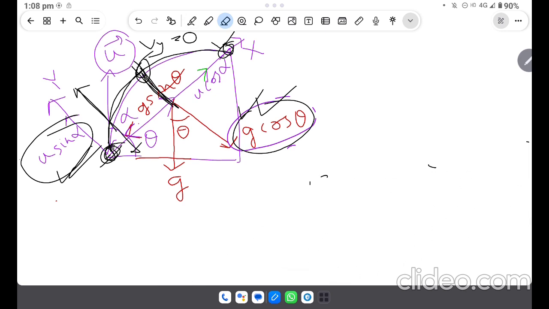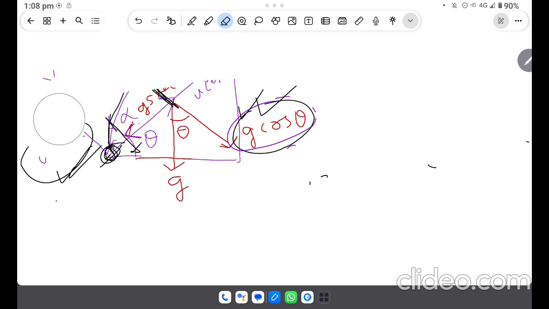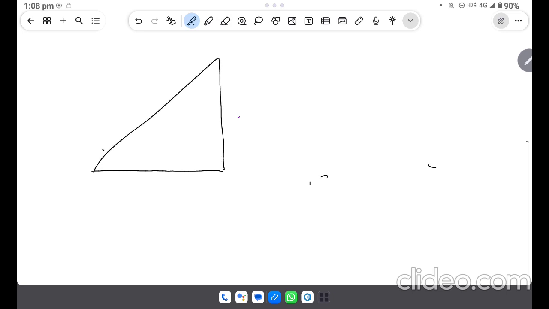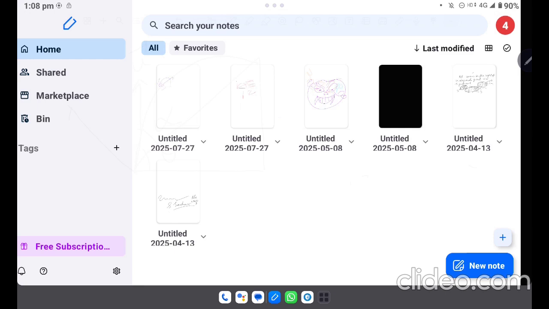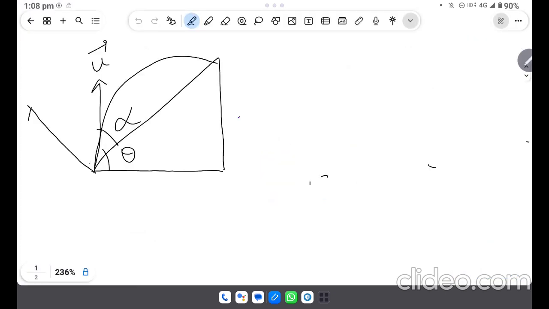Let me draw the picture again, because it becomes slightly messy. So this is the angle theta, and this is the projectile motion. This is the initial velocity u. This is the angle alpha. This is the y direction and this is the x direction.